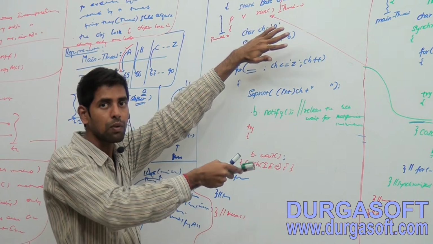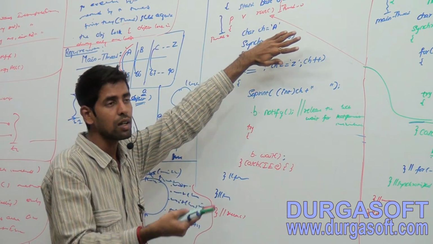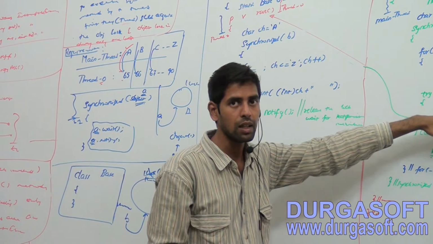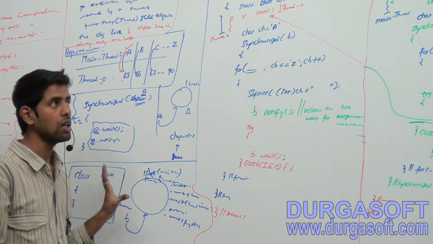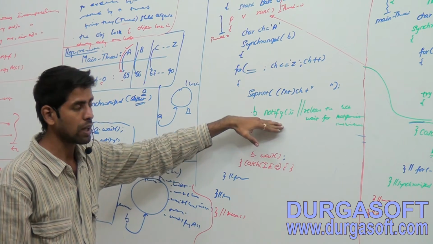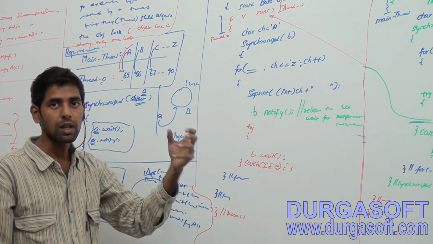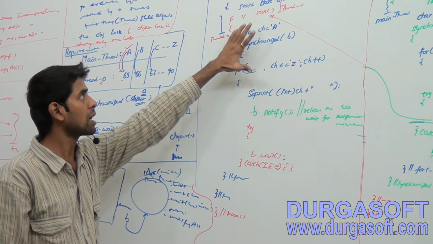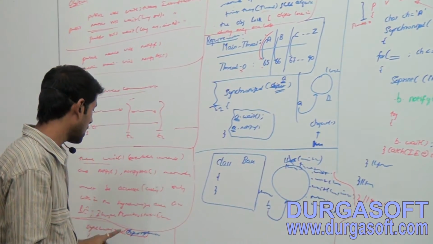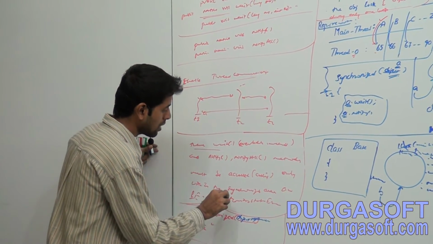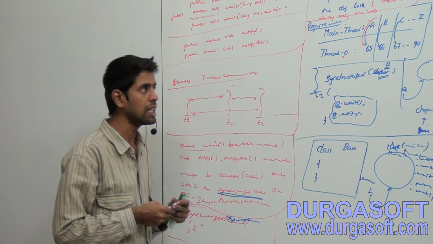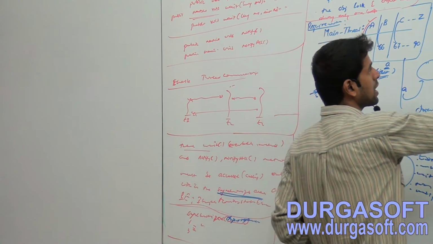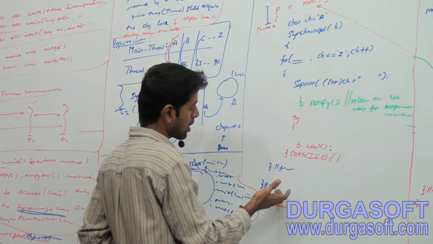First you want to perform updation, intimation to this thread, on this object. I cannot call the notify method directly within this run method. I can call it only within a synchronized area. That's why I put one synchronized block.